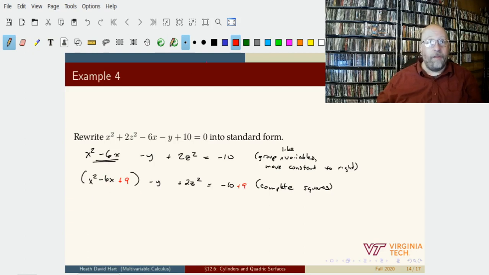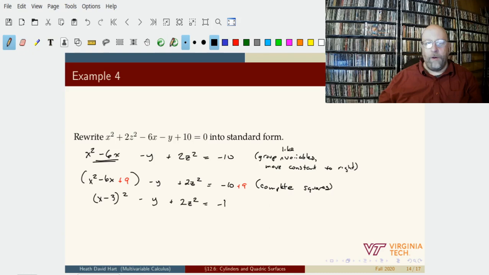And then that gives me x minus 3 squared minus y plus 2z squared equals negative 1. All right, but we want the constant term to either be 0 or positive 1.